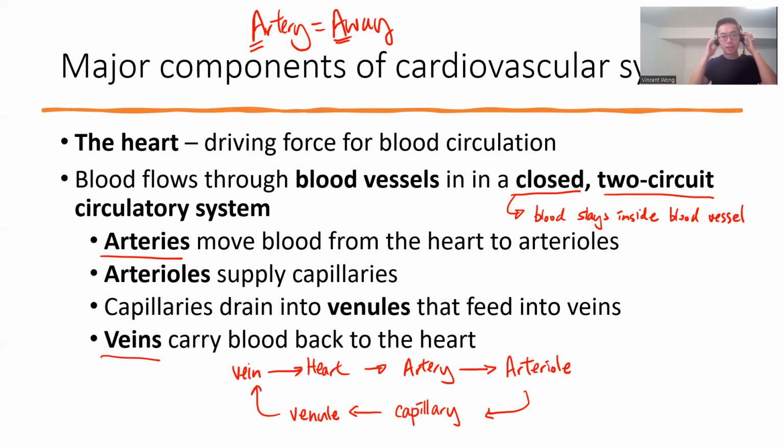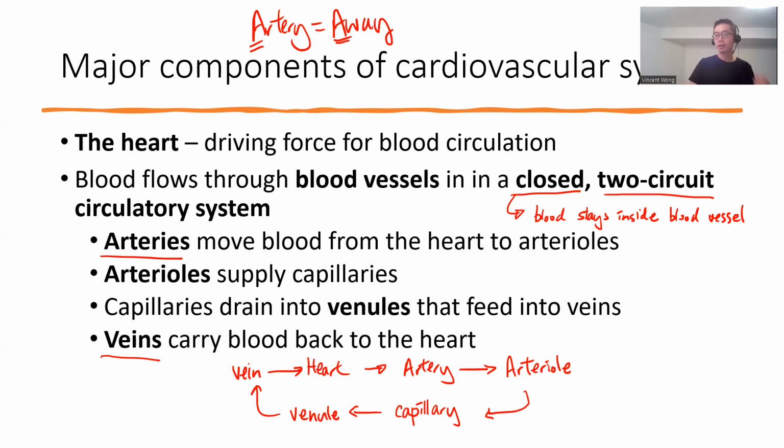Okay. So the difference between arteries and arterioles is that the arterioles are smaller. Think of artery as a highway. Okay, arteriole would be more like a regular street.